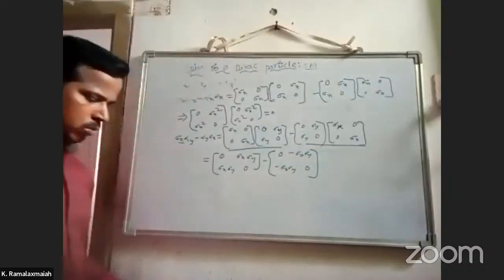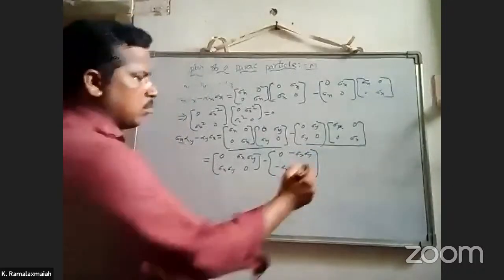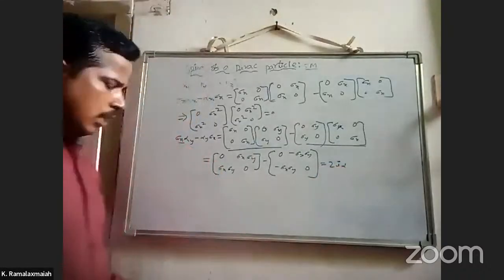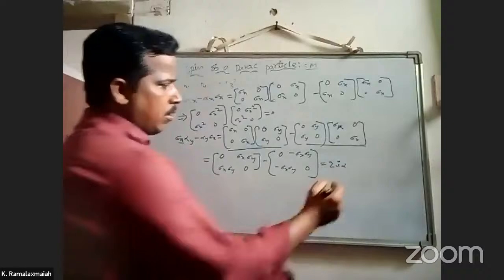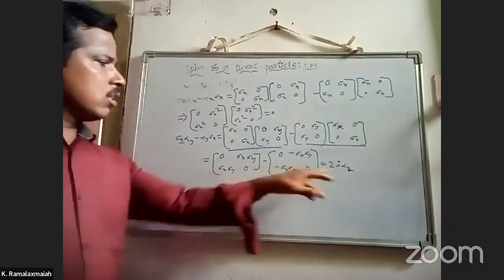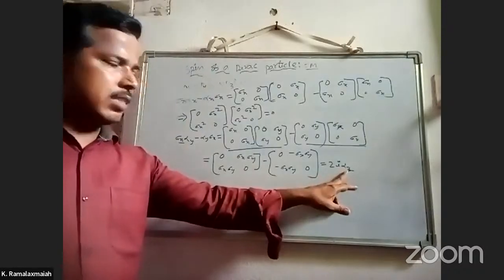That is equal to minus 2i alpha z. So here x to y terms you take. Here alpha is the alpha z value term.